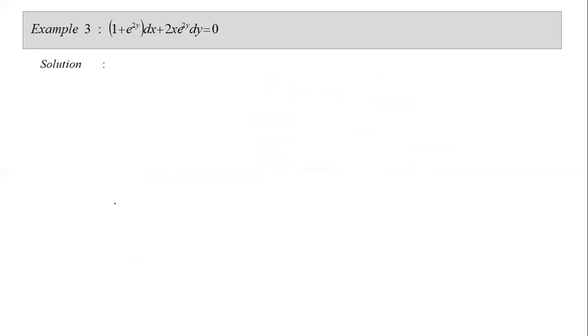Okay, sample 3. Say you have (1 plus e to the 2y) dx plus 2x e to the 2y dy equals 0. Okay, so we determine whether this is exact or non-exact. So we have M is equal to 1 plus e to the 2y, and then we shall differentiate this partially with respect to y, and that is derivative of 1 is 0, then e to the 2y, that's 2e to the 2y, okay?